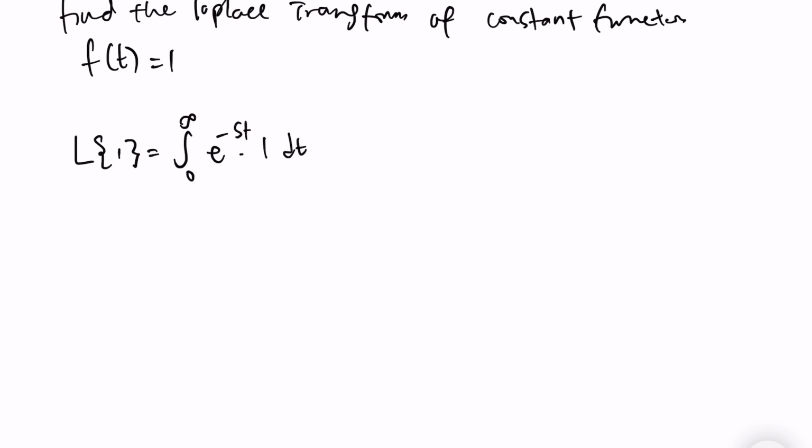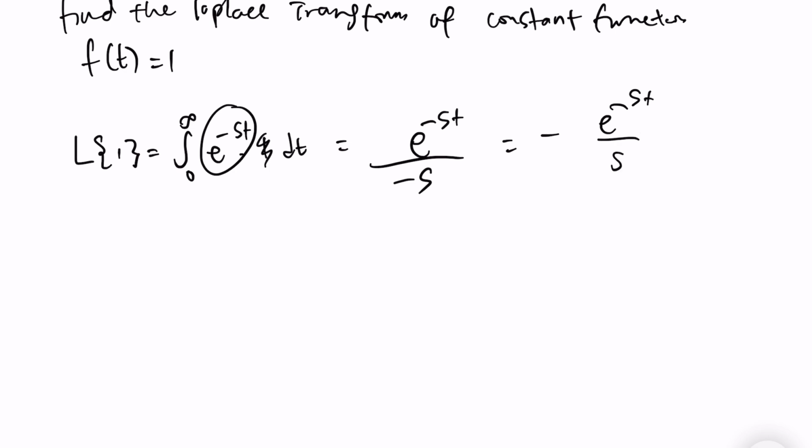When we integrate this, it becomes e to the negative st, because we differentiate it with respect to t, so we have negative s down here: negative e to the negative st over s.